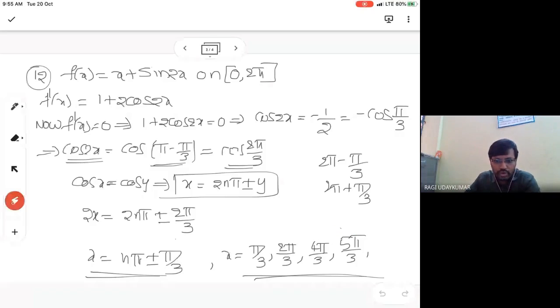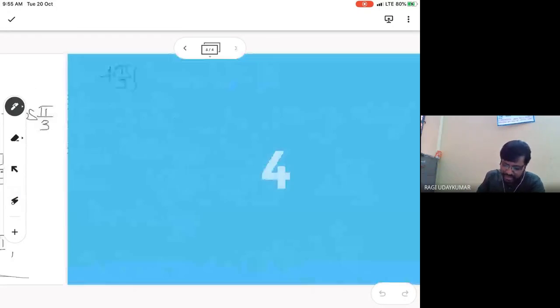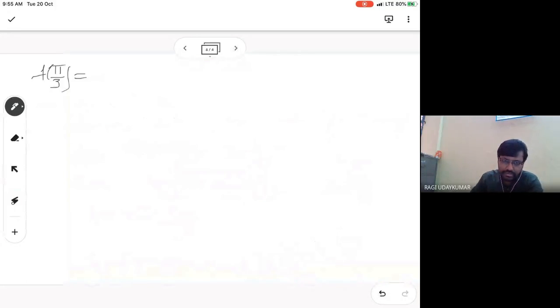So if you substitute all these, what values are you going to get? Let us check. f of pi by 3. What is the function? x plus sin 2x. So x is pi by 3, plus sin 2x is sin 2 pi by 3.